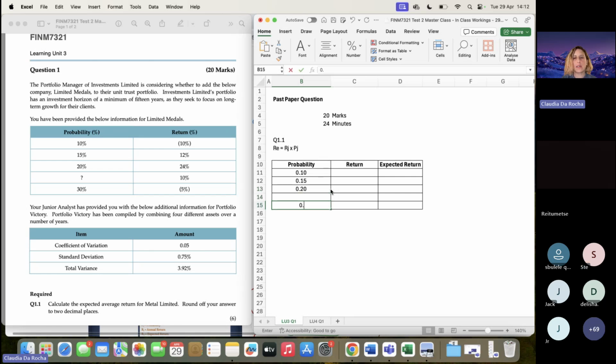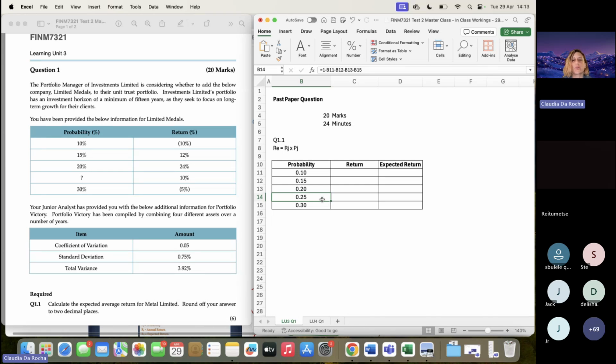That's just me. Then to calculate this one, your probabilities should always add up to 100, so in this case, 1. It's literally 1 minus that, minus that, minus that, minus the last one, which gives me 0.25. Or 100 minus all these percentages.